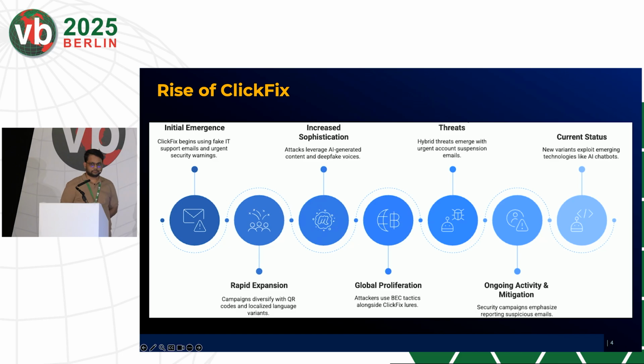Over the past 2 years, we have been seeing a clear shift from traditional social engineering techniques like phishing, which rely on multiple steps. But in ClickFix, you will see just one instruction, and you can get malware downloaded and executed within that single instance. That's how ClickFix comes into the picture.